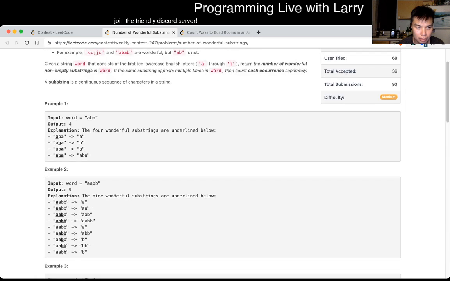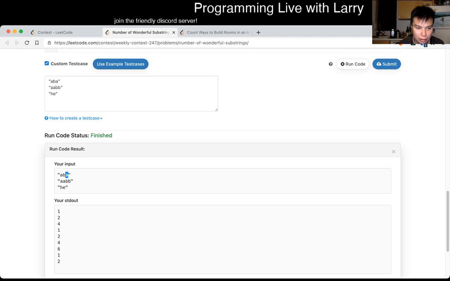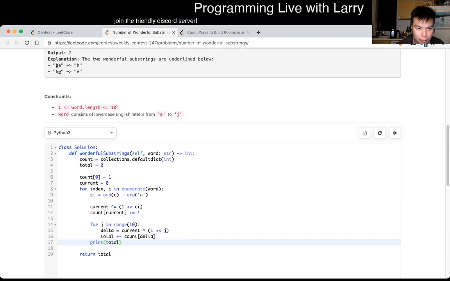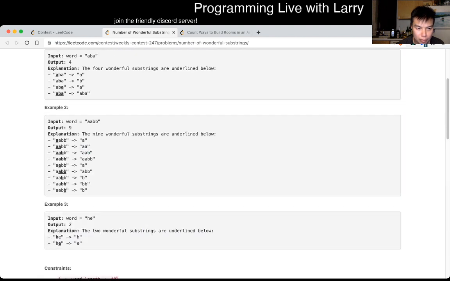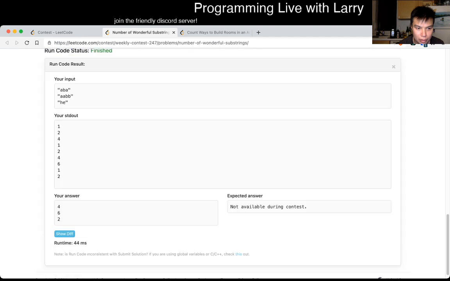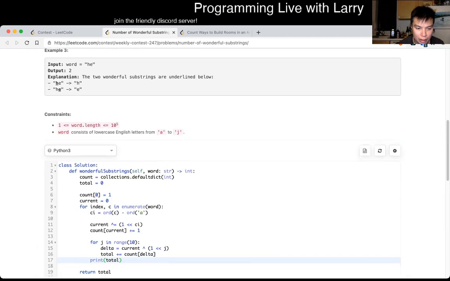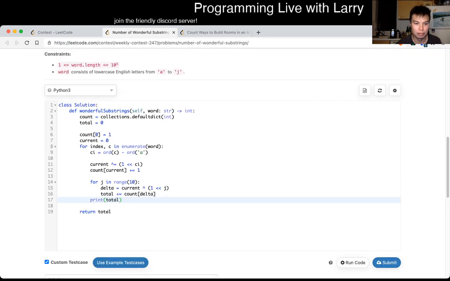I guess that's right. This is undercounting. What's the second A? Oh. I'm doing something a little bit weird here.